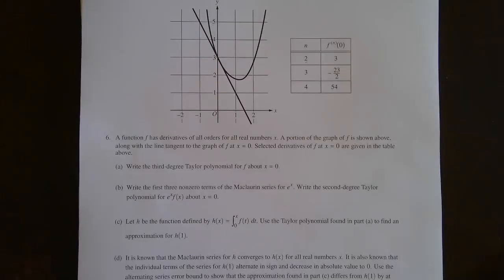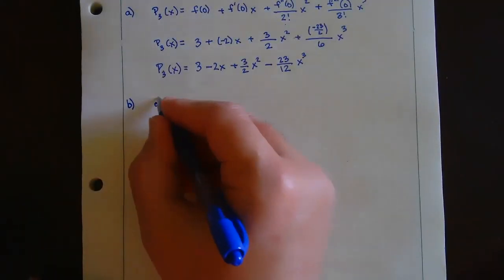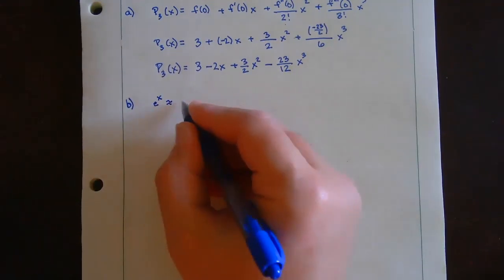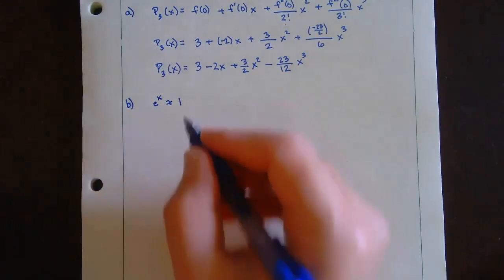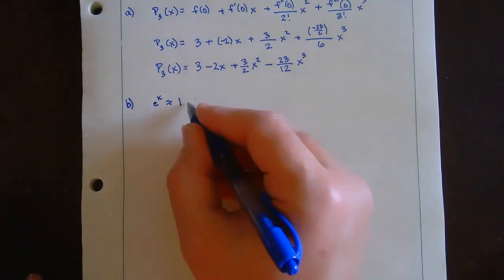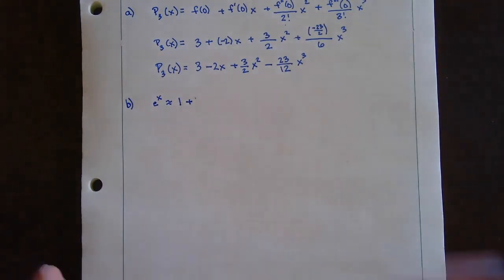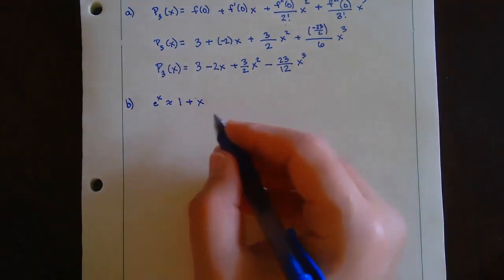So for part B, let's just worry about one thing at a time, okay? So write the first 3 non-zero terms of the Maclaurin series for e to the x, okay? So we should have memorized, also you have a cheat sheet in front of you, probably, okay? E to the x is 1, okay? X to the 0 over 0 factorial, okay? And then plus x, sorry, I just went blank, okay?